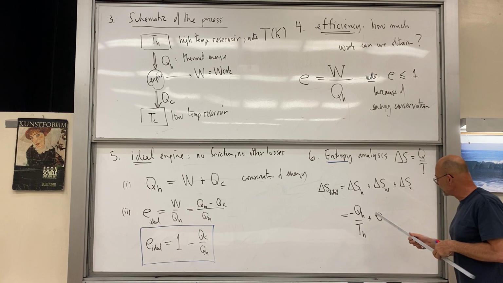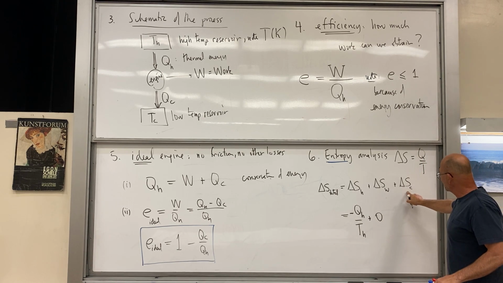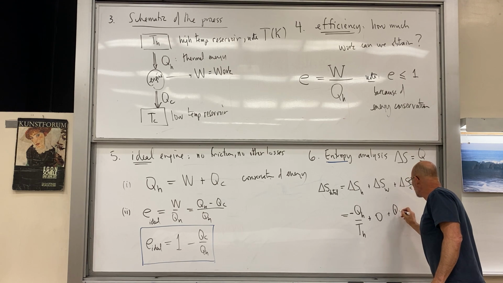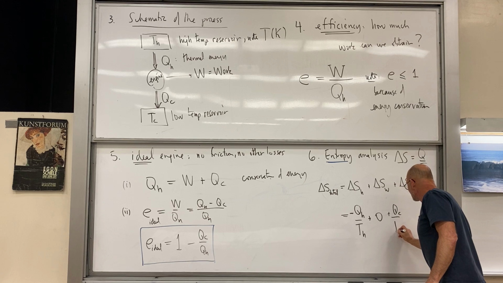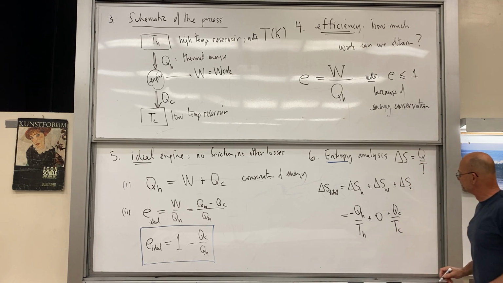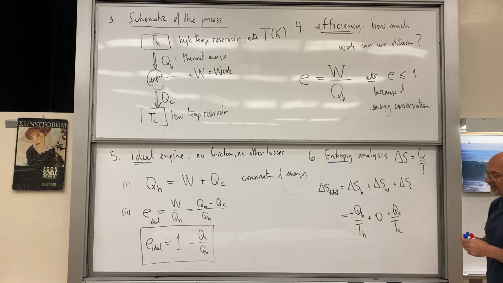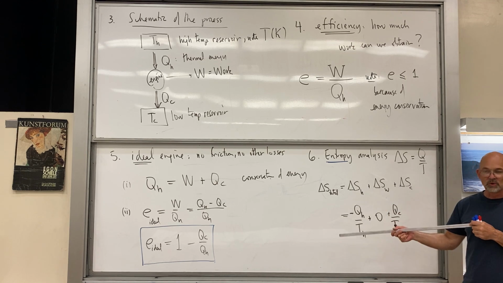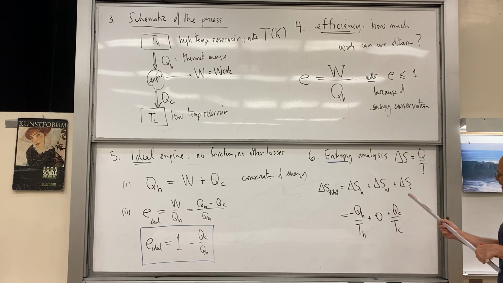So that's why I get to put a 0 here, and then delta S sub C is the plus Q sub C divided by T sub C. So that's the entropy analysis. You guys remember, this just depended on energy flowing from hot to cold. It was that fundamental.